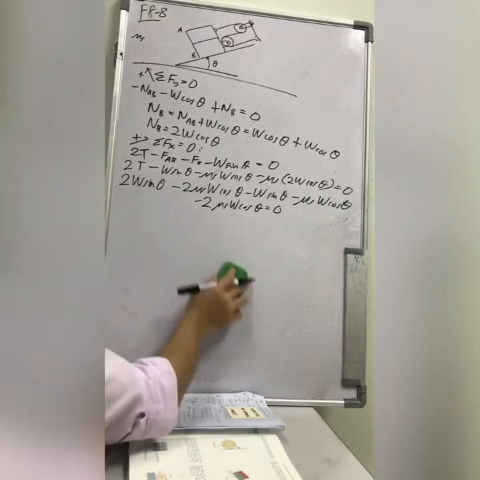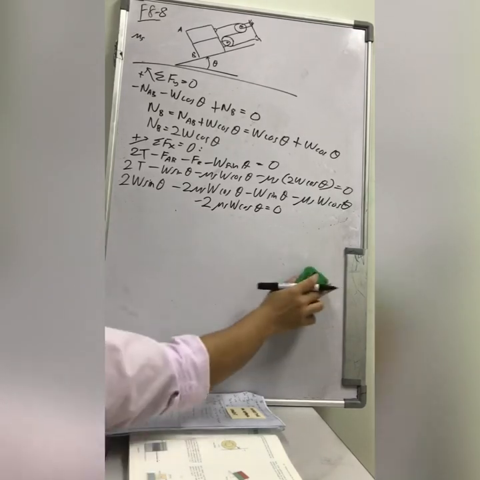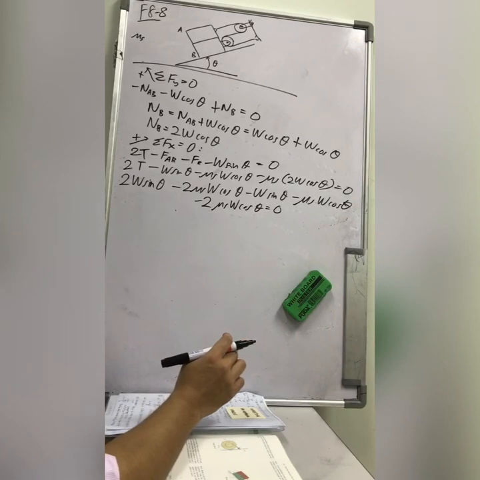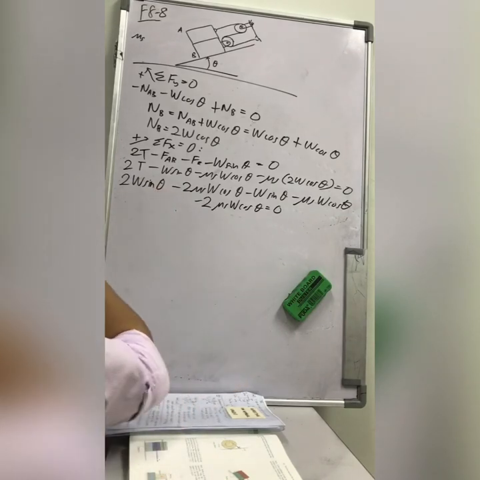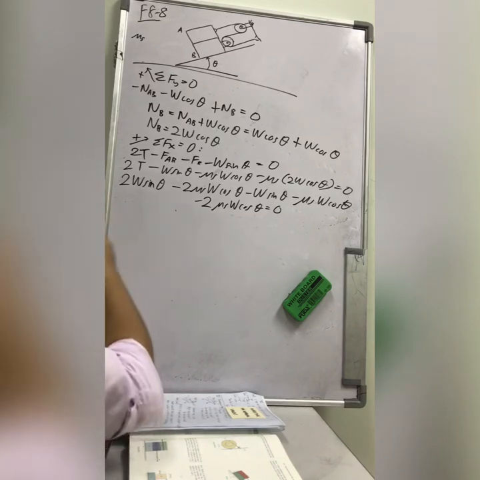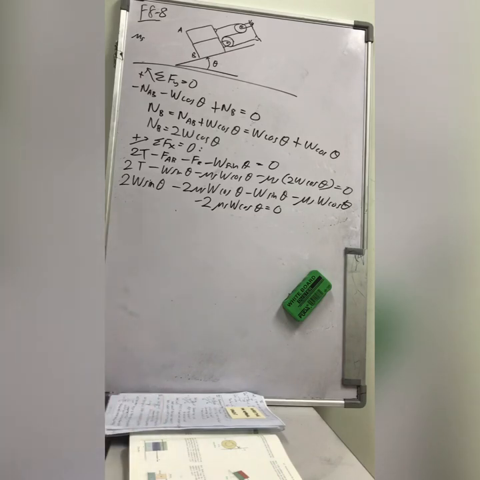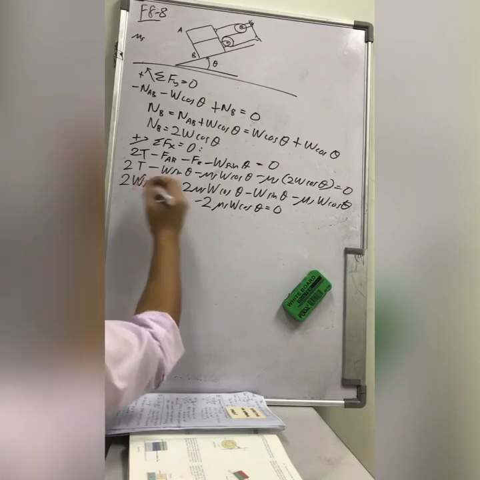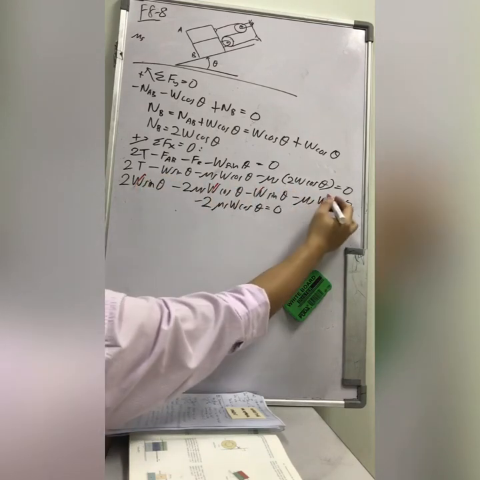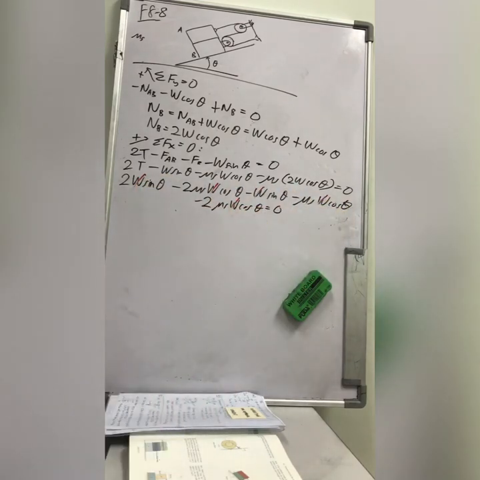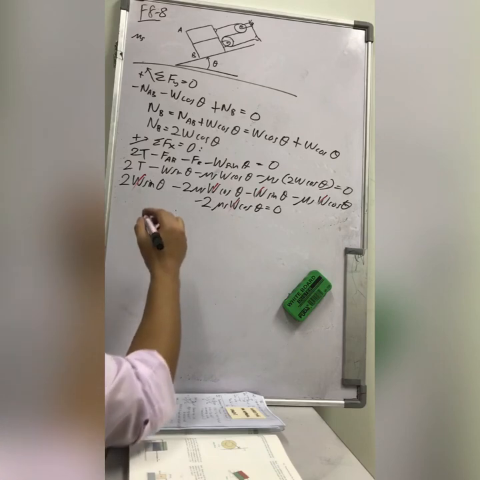And then at this point you can see that you have W, theta, and mu_S, right? In this case, you can factorize W and cancel it out. W will be cancelled out for each term, and then you are left with mu_S and theta.